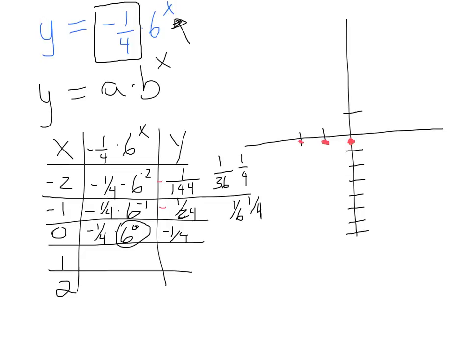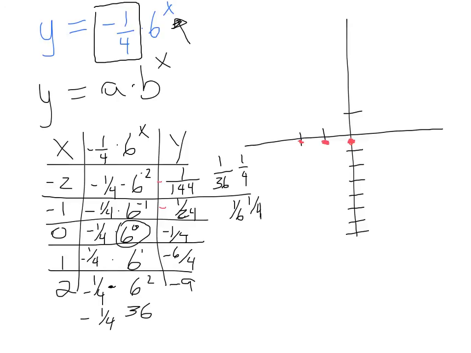When x becomes 1, you can see that this thing is getting a little bit smaller. Here we go. This looks like just 6 over 4, right? And then lastly, we have 6 to the second power multiplying 1/4, that's negative. 36 multiplying 1/4 is 9, but negative.